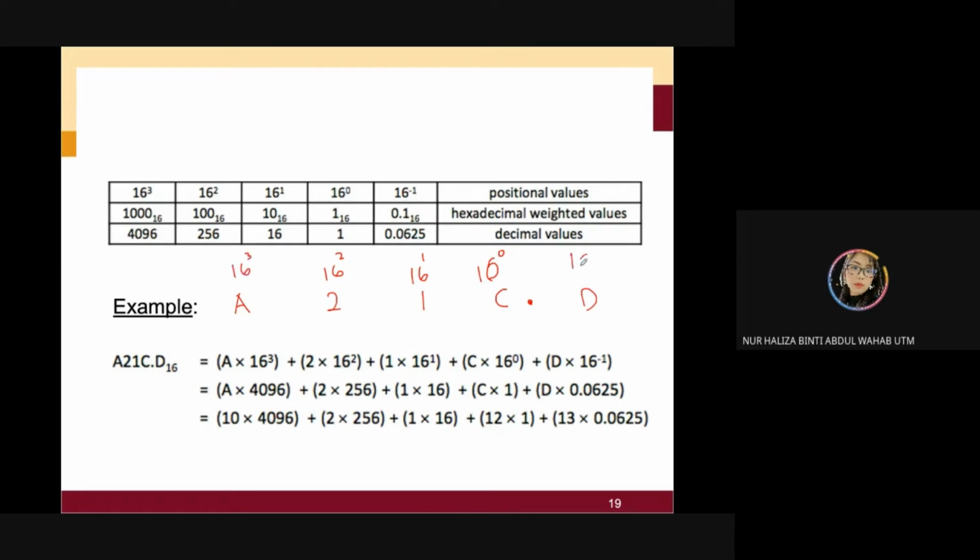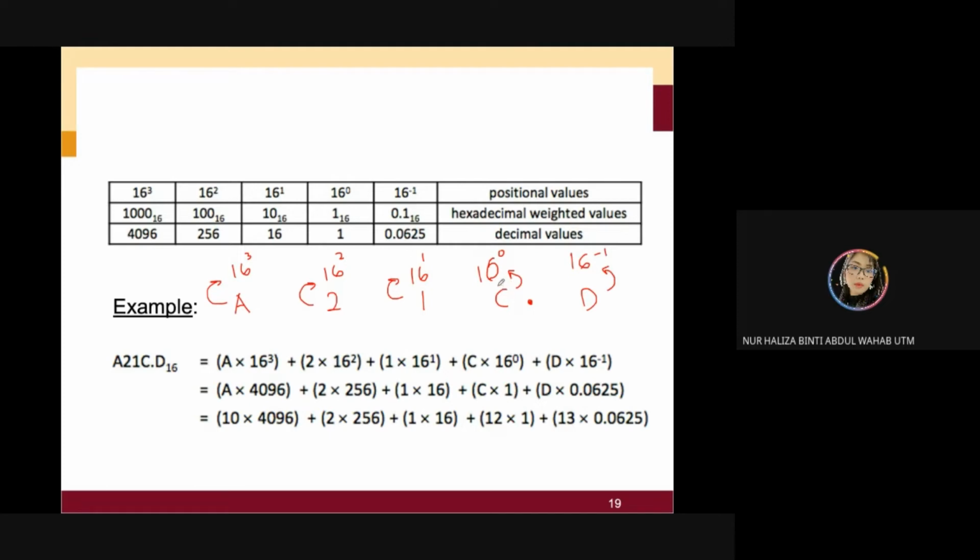And this one is 16 to the power of minus 1. All of these need to be multiplied with the value above. When you multiply it, you're going to get this one.